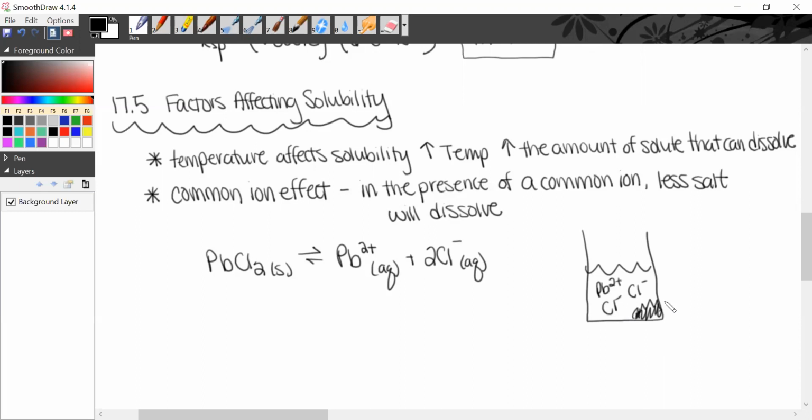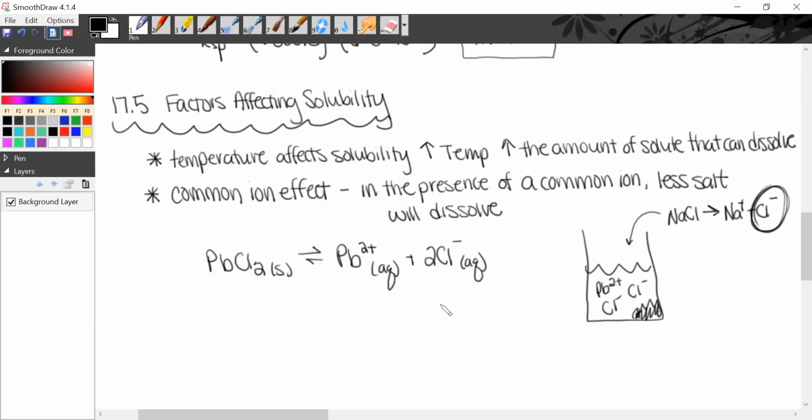But if you tried to dissolve this salt, this PbCl2, in a solution that already contained a bunch of chloride, say a super soluble salt like NaCl, notice the arrow goes one way: Na+ and Cl-. Alkali metal salts are very soluble. If there's a bunch of sodium chloride in here, you're going to have a bunch of chloride already in solution taking up space.